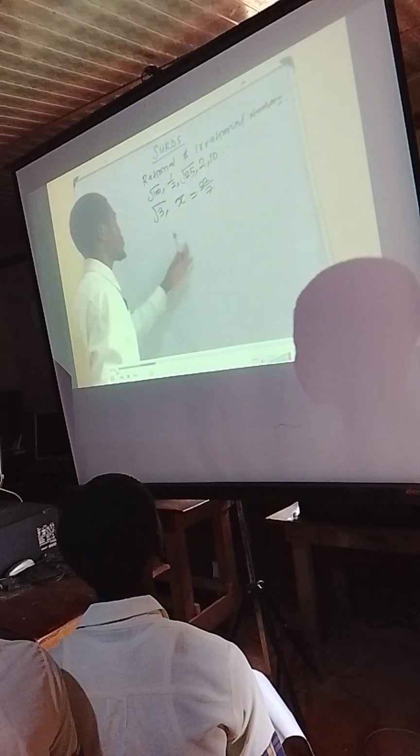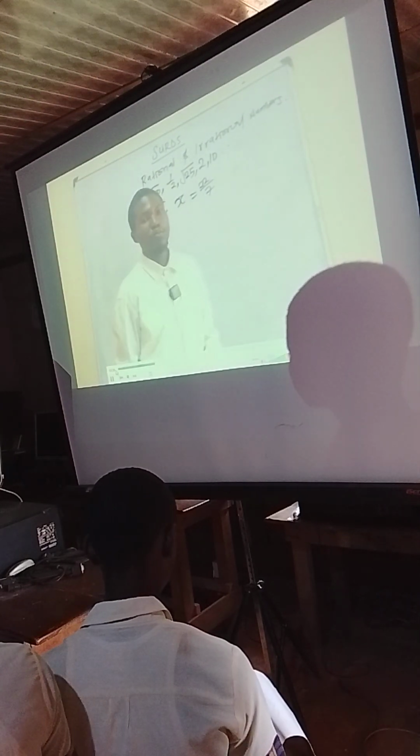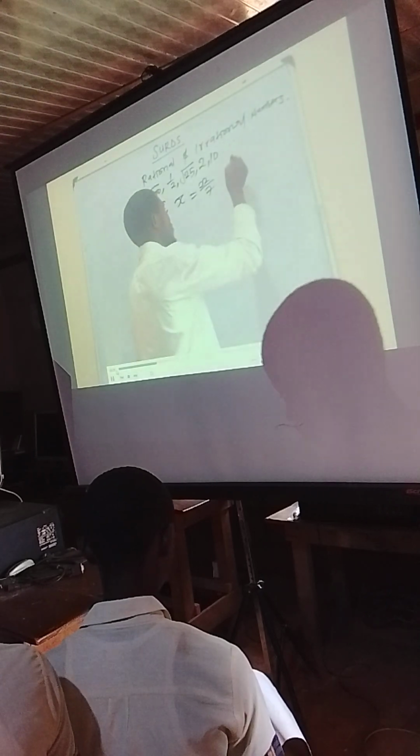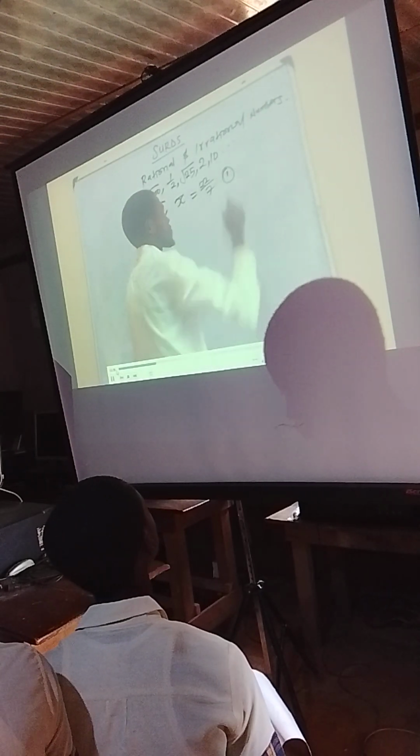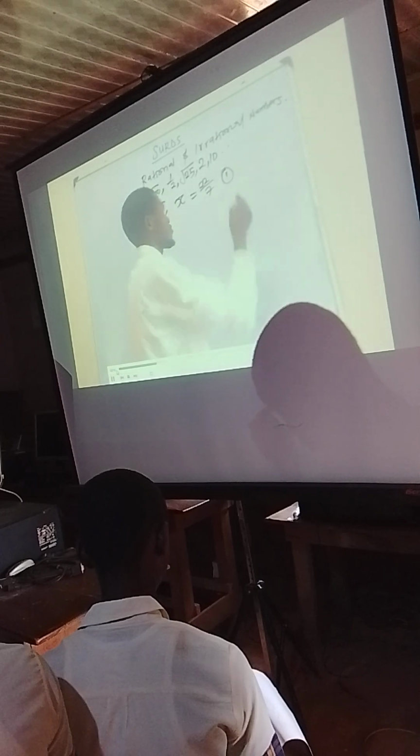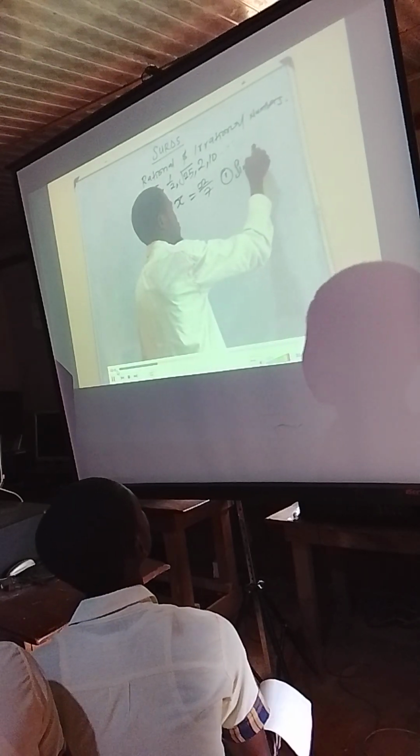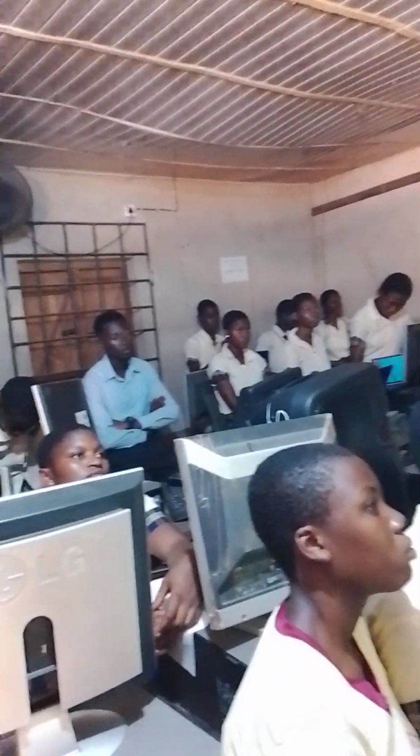And when we're going to solve, we'll be carrying out basic operations in surds. One is simplification of surds. We will simplify basic surds like this very one and this very one. Those are basic surds.